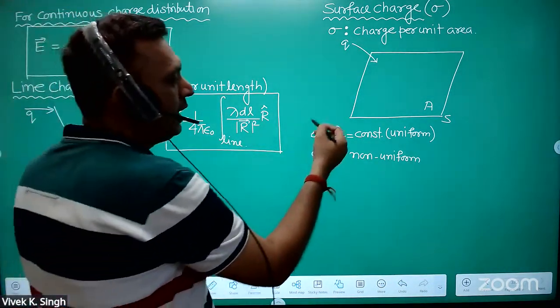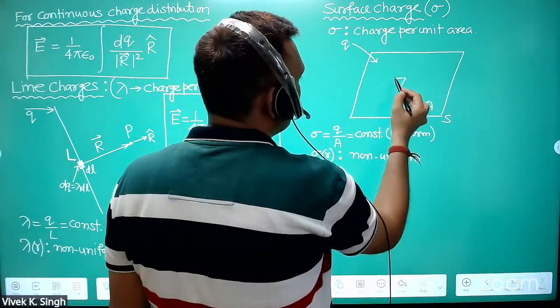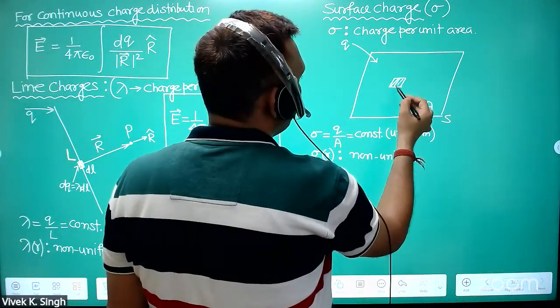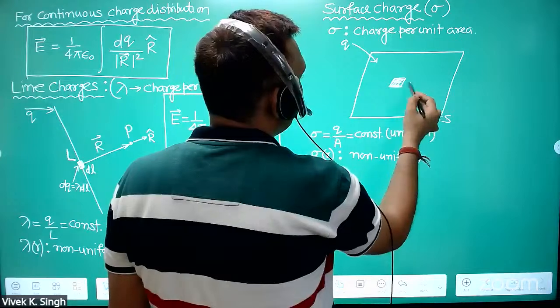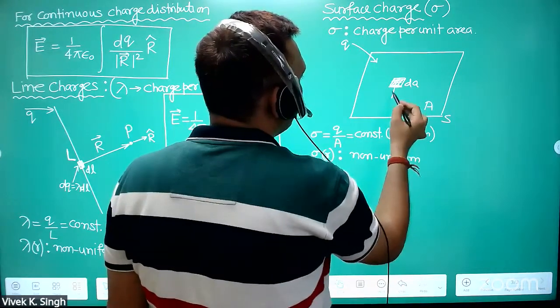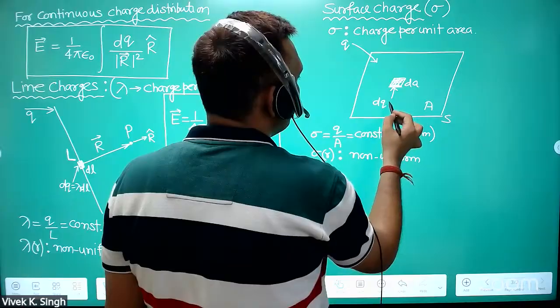So if you have to find field due to this, we have to consider an elemental area dA. And in this elemental area, charge dq will be sigma dA.